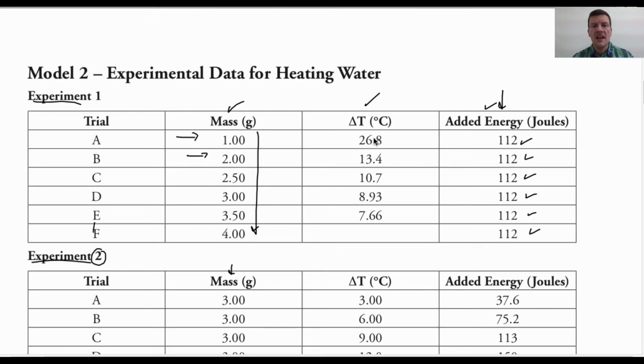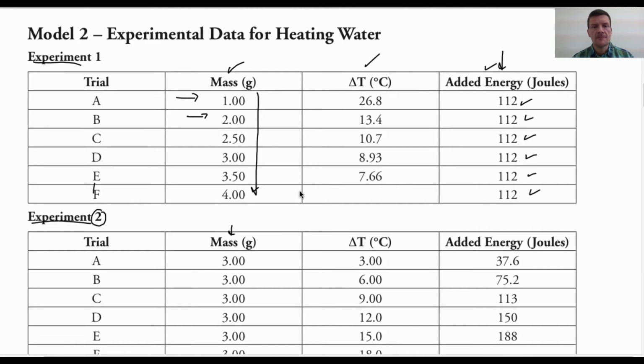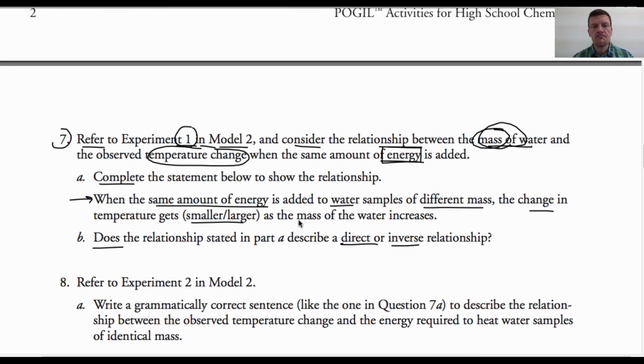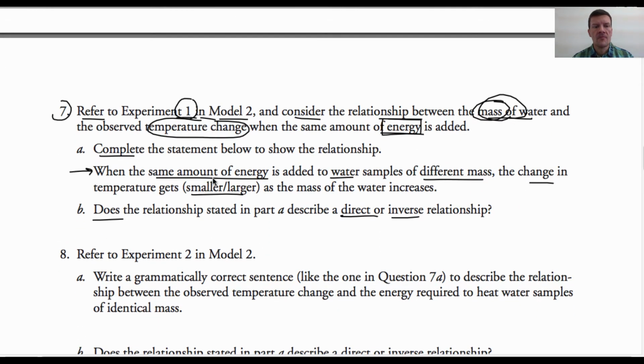Well, that means the change in temperature is going to be less when the mass is greater. Okay? Temperature change gets smaller. That is an inverse relationship. As mass increases, change in temperature is going to decrease.